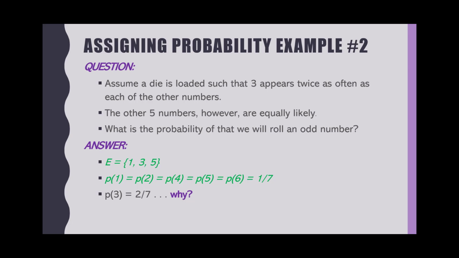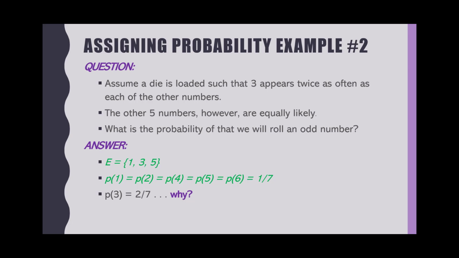Now we still haven't answered our question though. What's the probability of getting an odd number? Well, what do we know about the probability of our event space? We did our little funky formula on the page before with the sigma notation. Yeah, it's the probability of getting a 1 plus the probability of getting a 3 plus the probability of getting a 5.